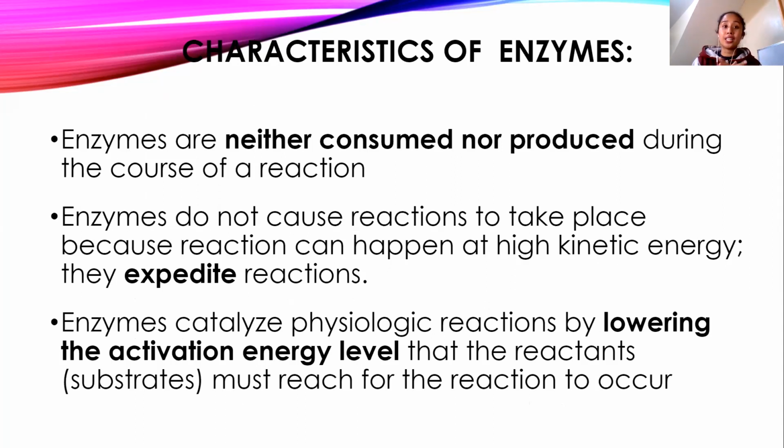They expedite only reactions. Chemical reactions can spontaneously happen as long as there is a high kinetic energy. But if your enzyme is there, it lowers the activation energy for a chemical reaction to start. So the chemical reaction will be faster because it requires less energy.